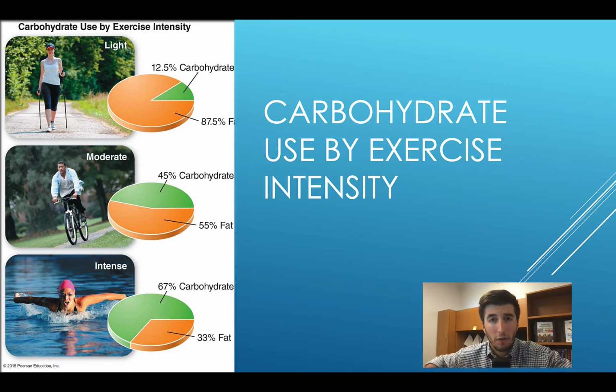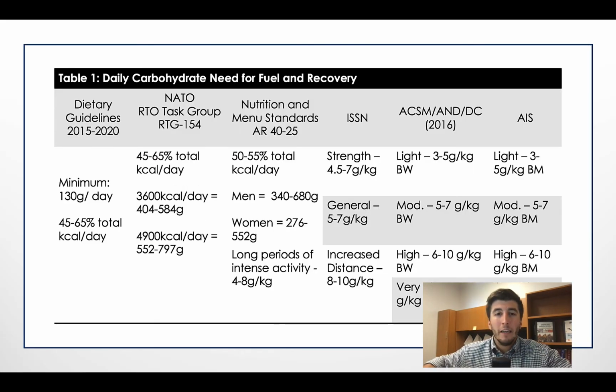So carbohydrates, because of where they come in for fueling at glycolysis, because they're able to be burned faster, they actually are being burned at a higher rate as we increase intensity, because we need more and more energy faster and faster and faster. This chart is actually something that I built, myself and one of my friends built for a textbook chapter that we were writing on carbohydrate needs for the athlete.